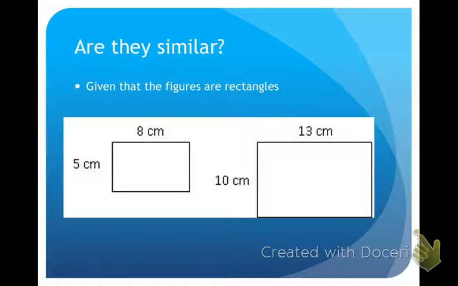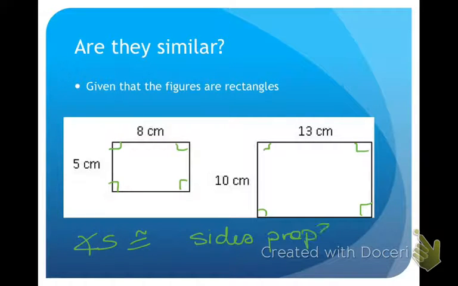So let's ask ourselves, are the figures similar? Let's start off. We know that the two figures are rectangles, that's given to us, so we know that all of the angles are congruent. That's the first part. Are the angles congruent? Yes. And then are the sides proportional? Let's do the shortest to the shortest, 5/10.